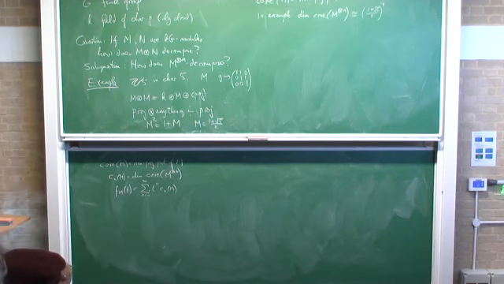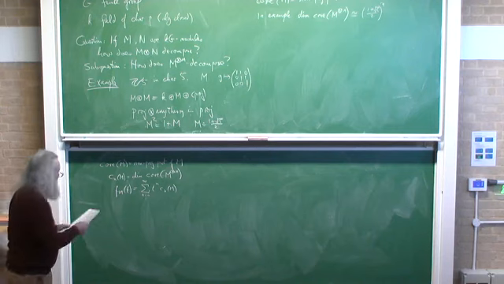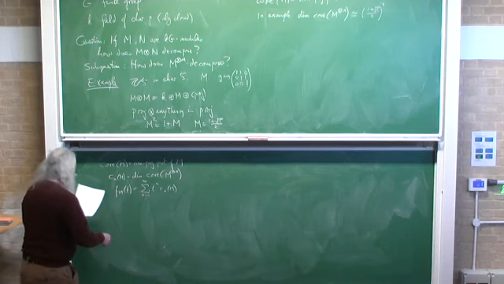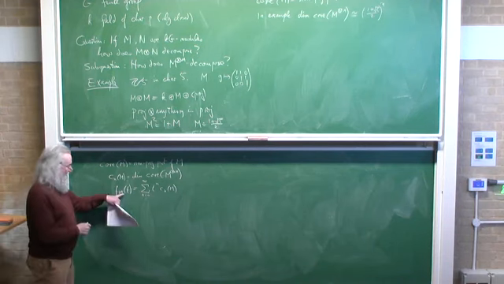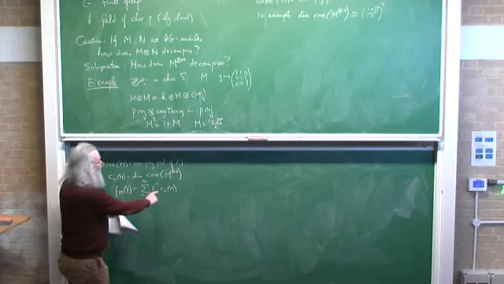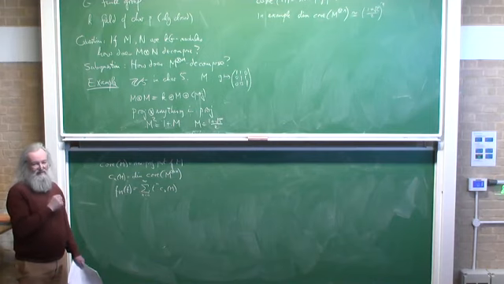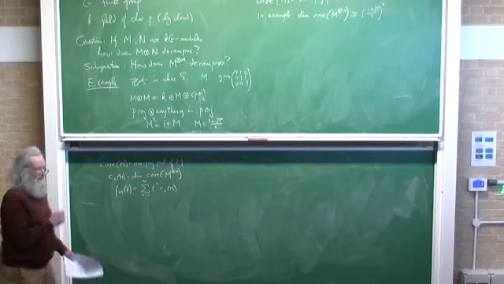Okay, so if you look at this, really, if I want to know how fast c_n of M is growing, I should look at the radius of convergence of this power series.